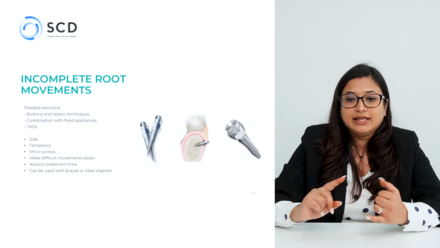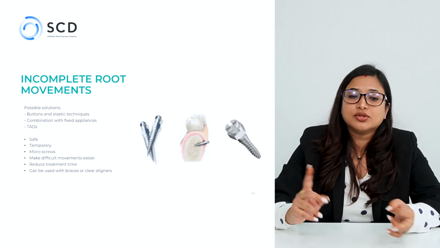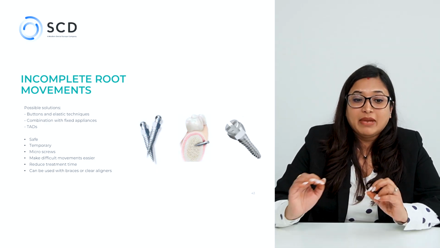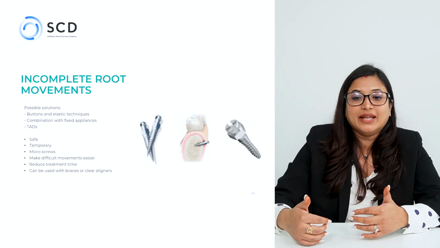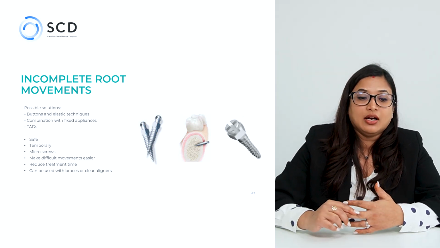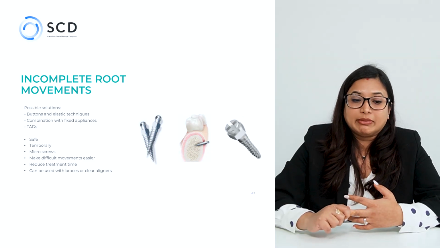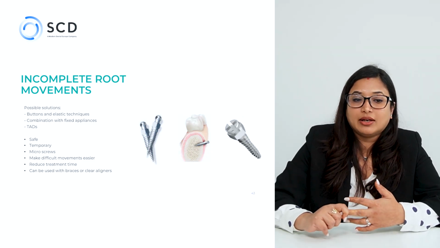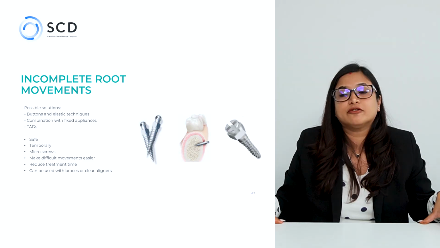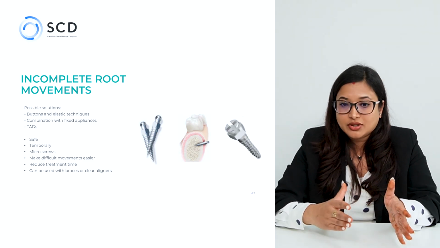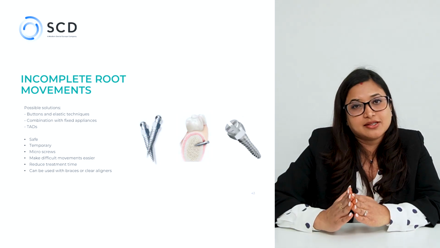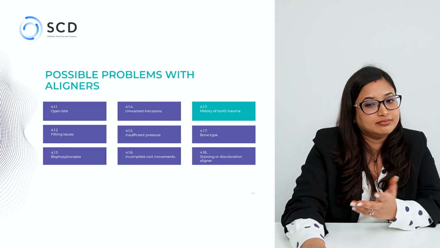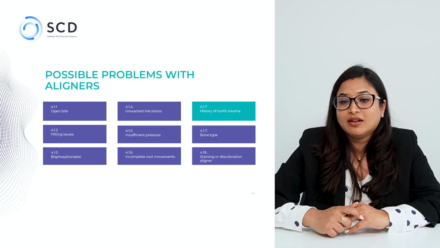TADs are basically safe, they're temporary. You can also use micro screws to make difficult movements easier, and they reduce the treatment time, whether with braces or clear aligners. It increases the range of movements possible, and it also decreases the time required for the aligner treatment. All in all, a win-win situation.